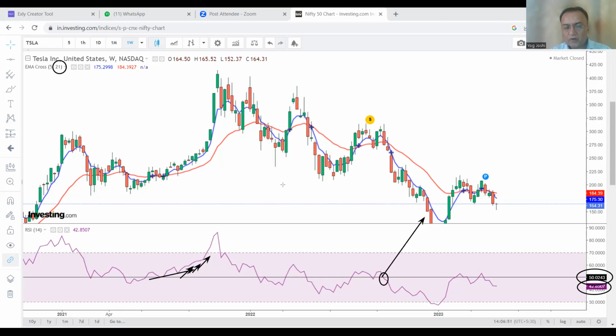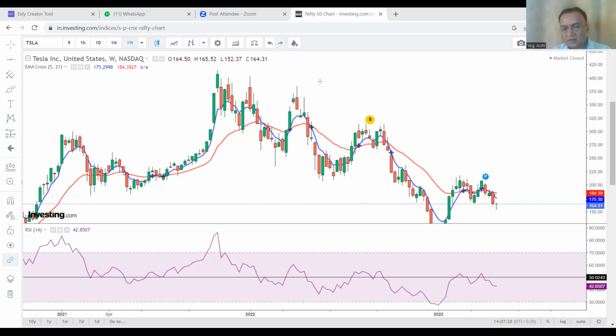And whenever you find the 5 moving average blue line crossing above the red line, the 21 moving average, it is known as a positive crossover. And whenever the blue line is below the red line, it is a negative crossover.